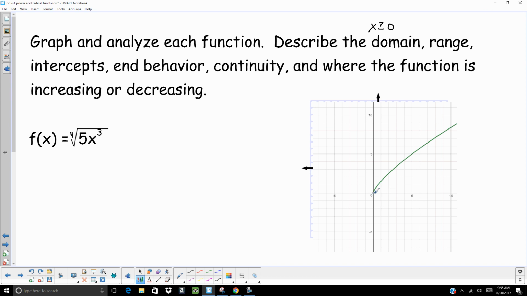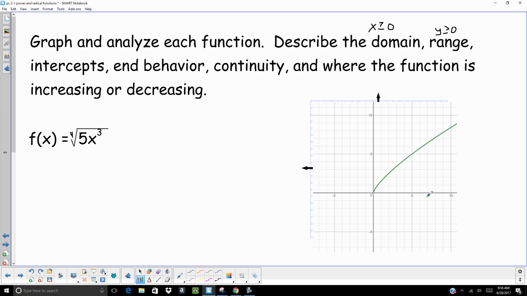You can also look on that graph and know, hey, my lowest x point is 0 and everything after that is positive, which is what I'm doing on my range. My lowest y value is 0 and then everything is positive. So my range is y is greater than or equal to 0. My intercepts, x equals 0, y equals 0.